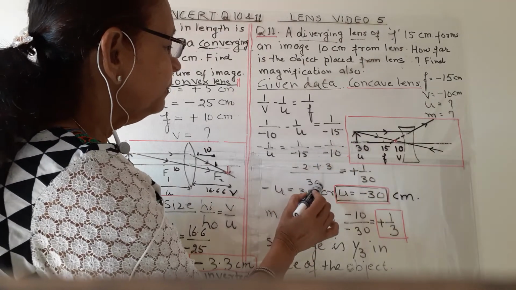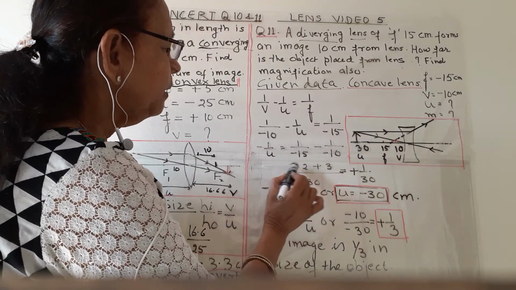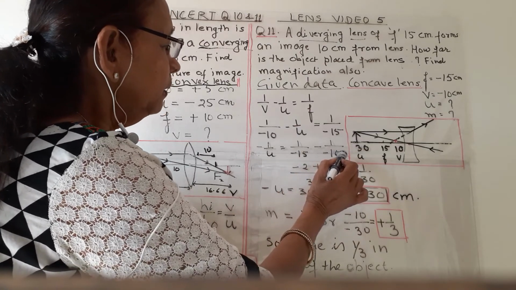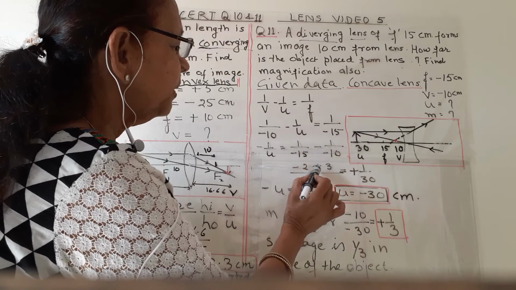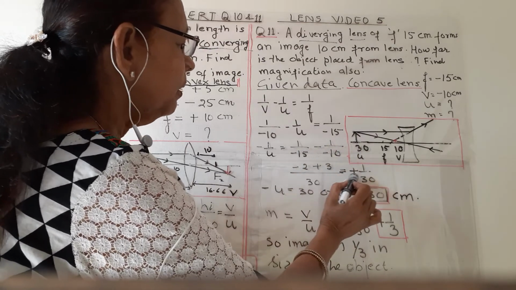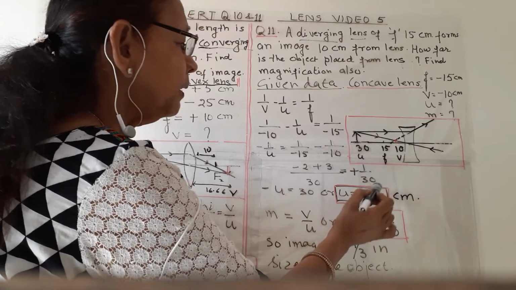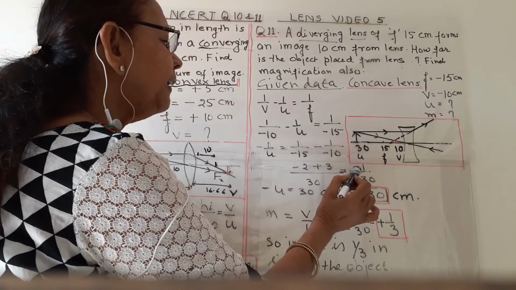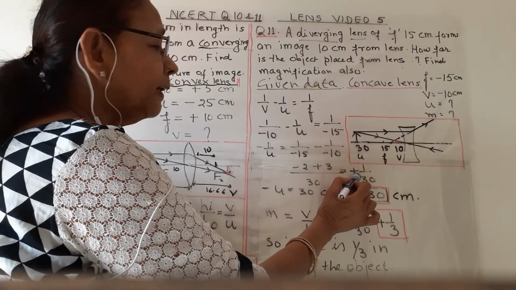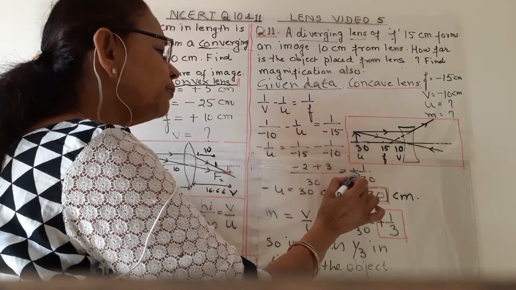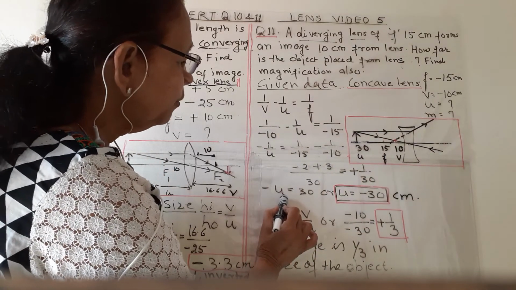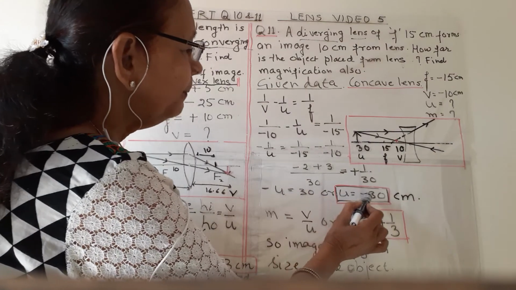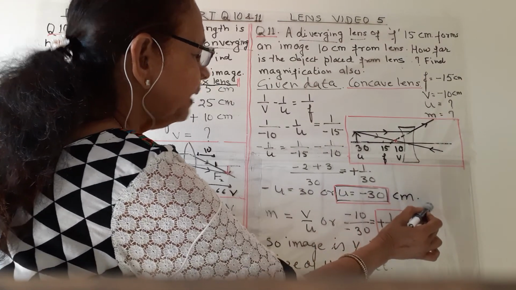So LCM 30: minus 2 plus 3 is 1 upon 30. We will write plus 1 by 30. So minus u will be 30, or u will be minus 30 centimeters.